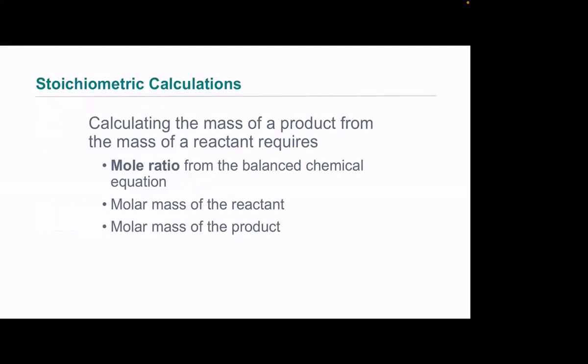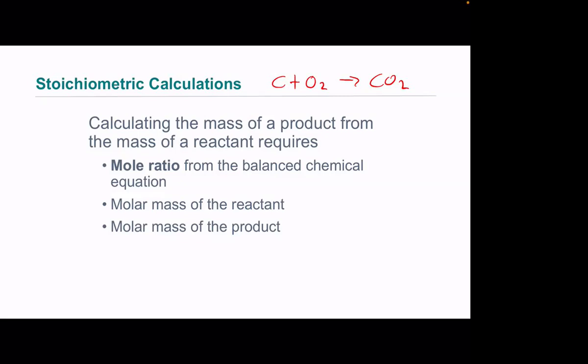All right, so calculating the mass of a product from the mass of a reactant requires the mole ratio from a balanced chemical equation. Because remember, when I say to you something like this, C + O2 → CO2, this can be interpreted as one atom of carbon combines with one molecule of O2 to form one molecule of CO2.